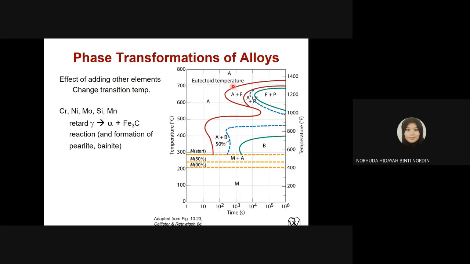The nose of your TTT diagram will be shifted, which means the time taken is longer for the transformation to happen, because you add more elements. It will retard austenite from transforming to another phase.